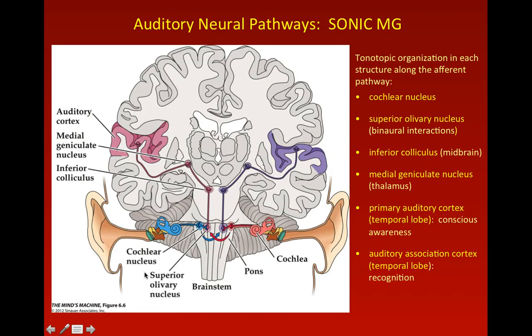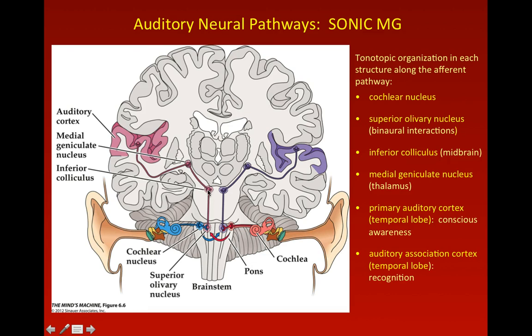From the superior olivary nucleus, the information then travels up to the midbrain, to the inferior colliculus, which are these bumps on the back of the midbrain. Remember, there are two pairs of bumps on the back of the midbrain. The lower bumps are the inferior colliculi. There's one on the right, one on the left. These structures, again, are information processing centers, and they get information from both ears because they're getting the information from the superior olivary nucleus.